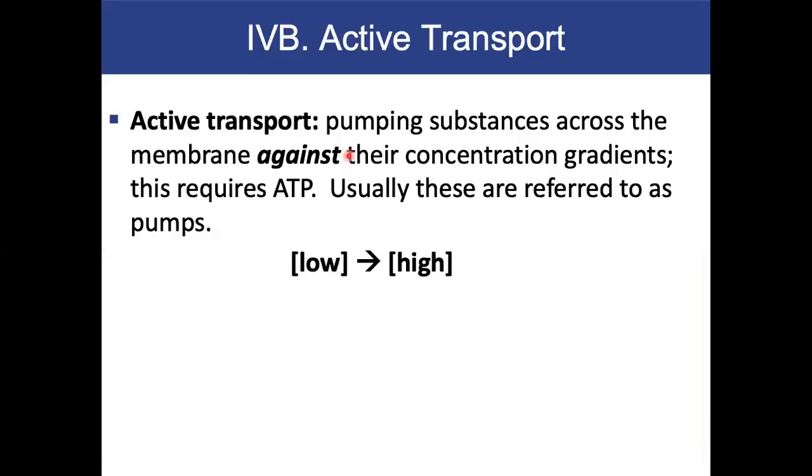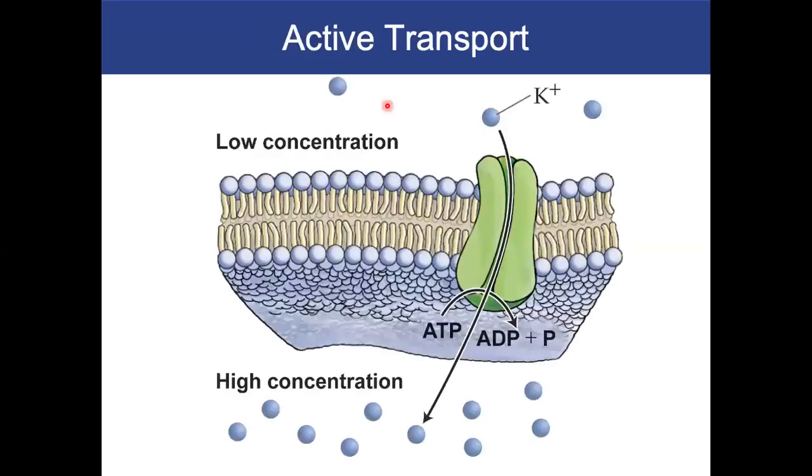So active transport is pumping substances across the membrane against their concentration gradient. You're not going to get a molecule to magically go against its concentration gradient, so you're going to have to use ATP. Usually these guys are referred to as pumps. So you're pumping from low concentration to high concentration.